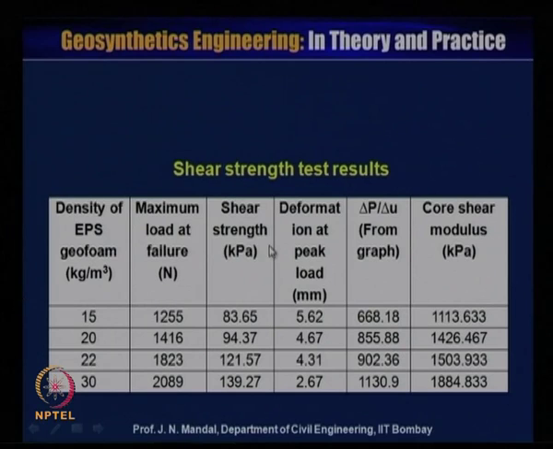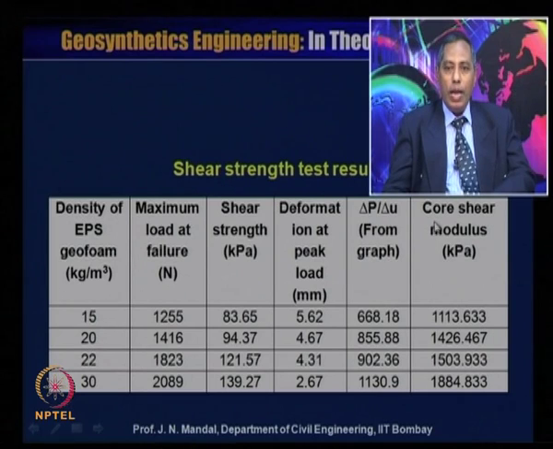So, here are the shear strain test results for the densities of the EPS geofoam: the maximum load at failure, the shear strength in kilopascal, the deformation at peak load in millimeter, delta P by delta U, which you can obtain from the graph, and the core shear modulus in kilopascal.